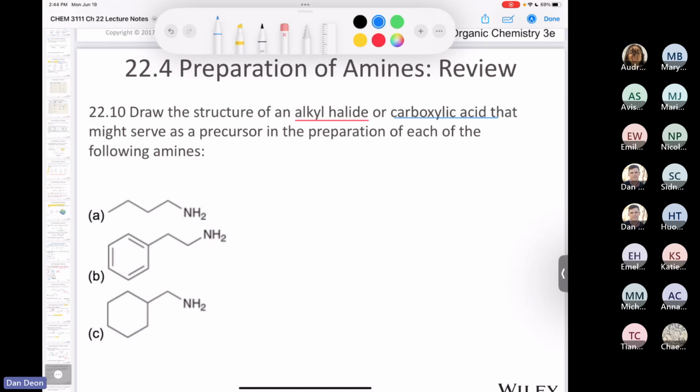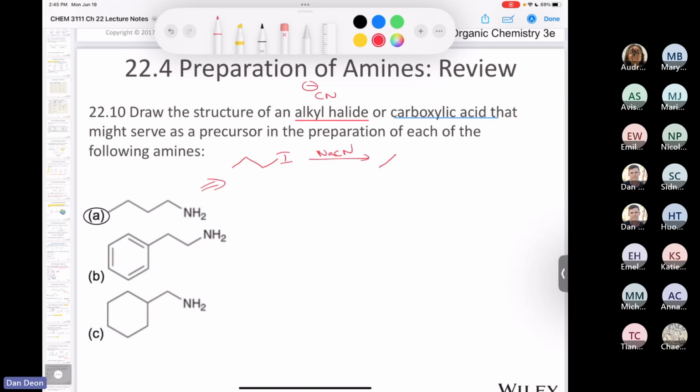So if we want to make, so this would be 1-butanamine, or you could call it butylamine, either way. I'm talking about this compound in A. So if we wanted to make it from an alkyl halide, what would we need? We'd be using sodium cyanide in that case. So we would want propyl iodide, like this, and then we would treat it with sodium cyanide. Maybe I should just put the intermediate here.